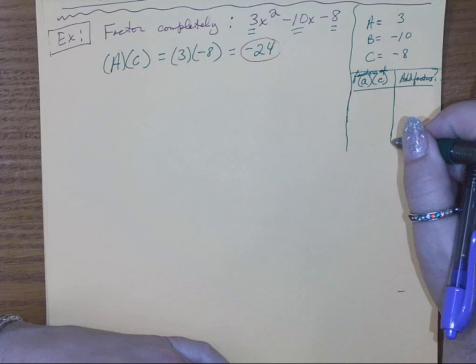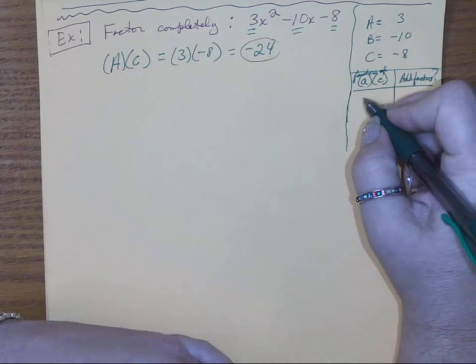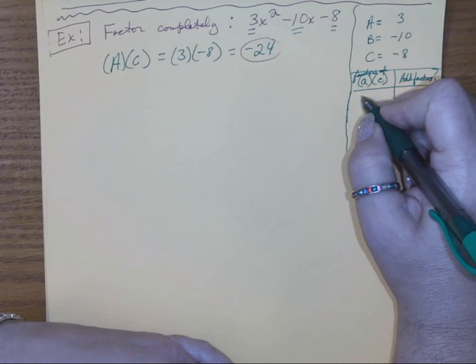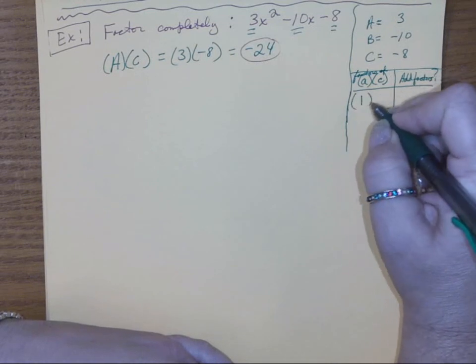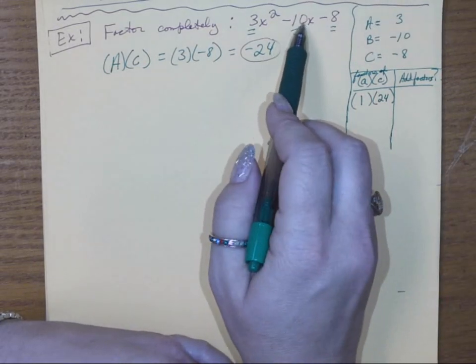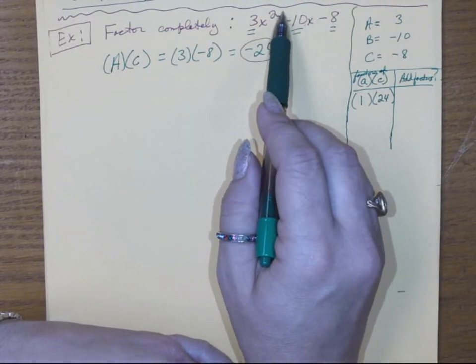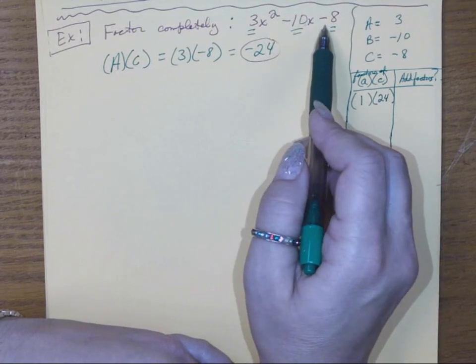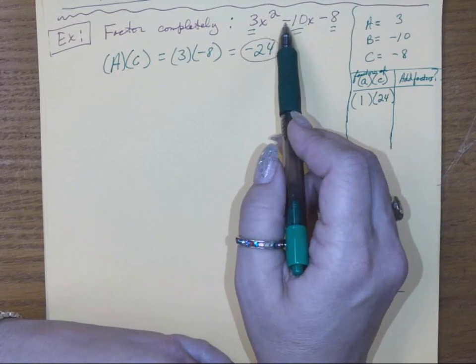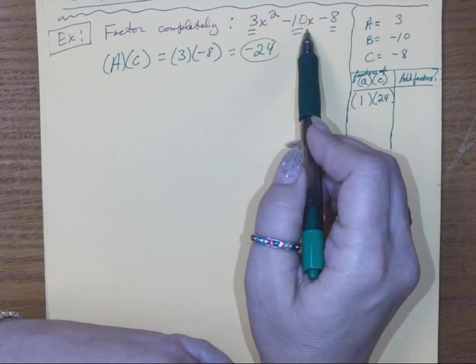Okay, so I'm going to just play a little bit of devil's advocate. I could have a 1 times a 24. The reason I'm doing this, I want to throw a little extra something in here. We all know there's a negative going on here, but I see in the middle, I'm trying to add up to the negative 10x, right?